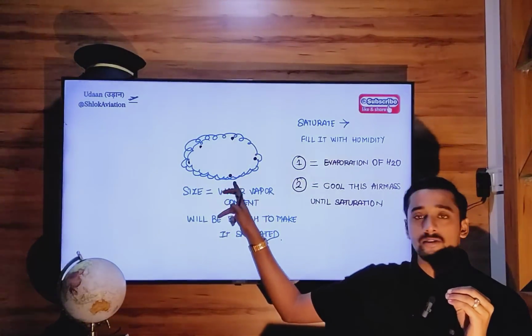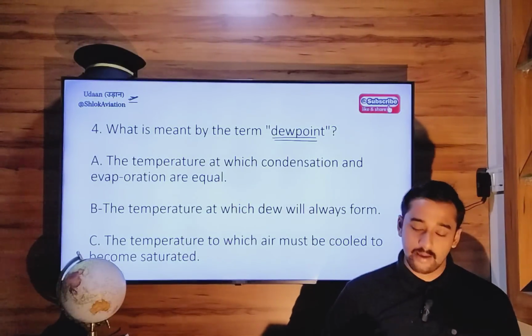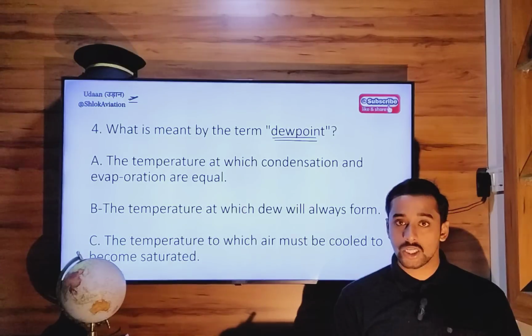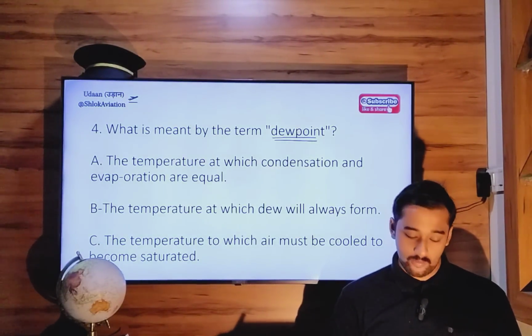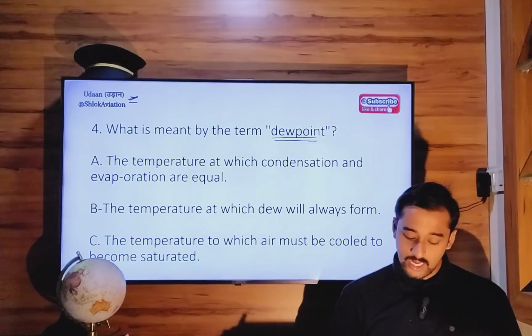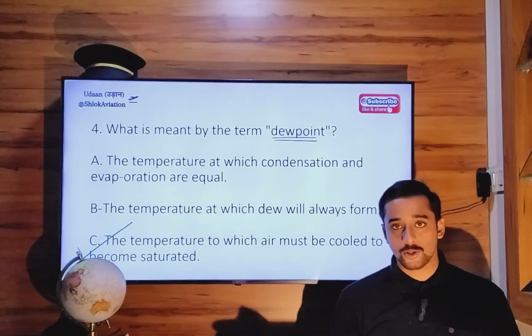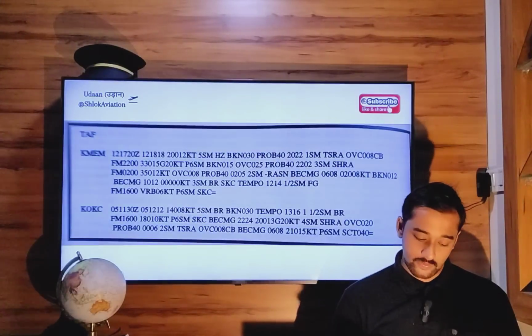So there are two ways. So dew point is that temperature at which condensation and evaporation are equal, the temperature at which dew will always form, the temperature to which air must be cooled to become saturated. Option C is the correct option.